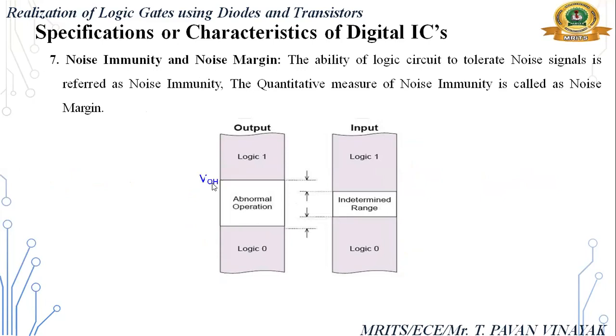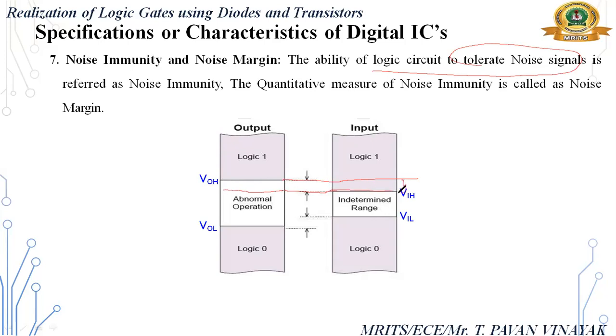Let us see the ranges: VOH, VOL, VIH, VIL. Now I am calculating the noise margin. What is noise margin? It is the acceptable ability of the logic circuit to tolerate noise signals. Observe here, this is VIH, right? This is VOH, right?